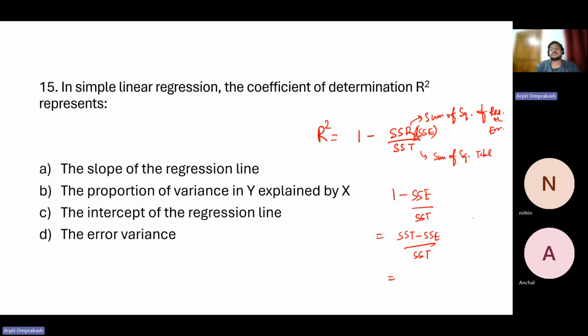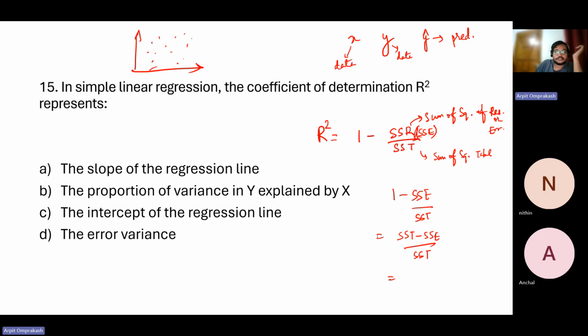So when you have some x and some y, and you fit a line which predicts your y hat, these are predictions, and these are your data.